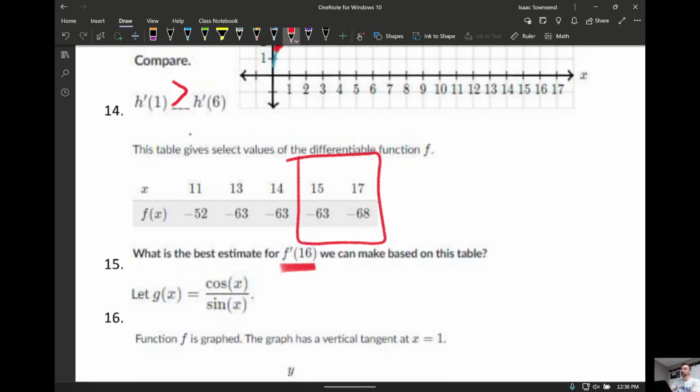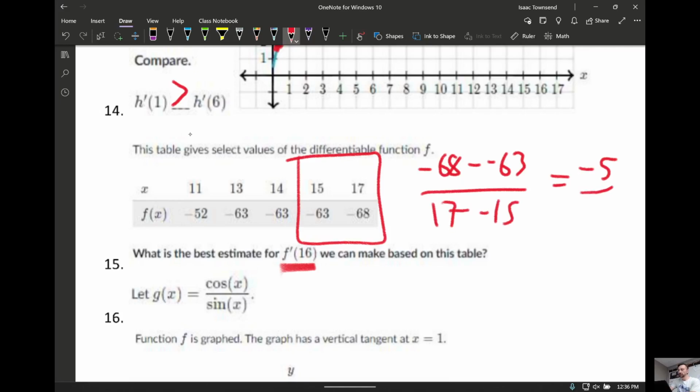Perfect. So you could take your ending value minus your starting value to see that the rise is down 5. You can see it's going down 5, but not in 1 unit, over 2 units. So it's going down about 2.5 each time.